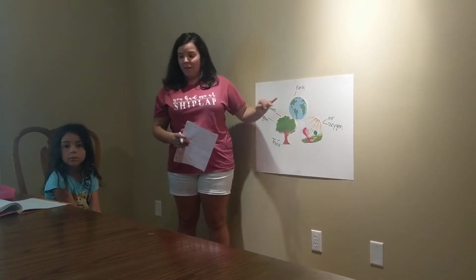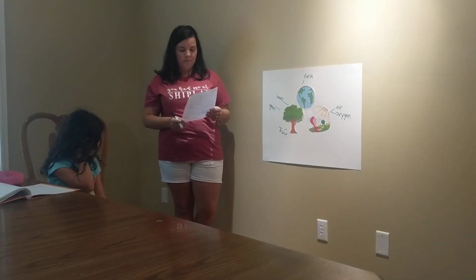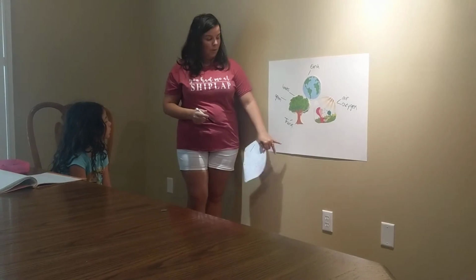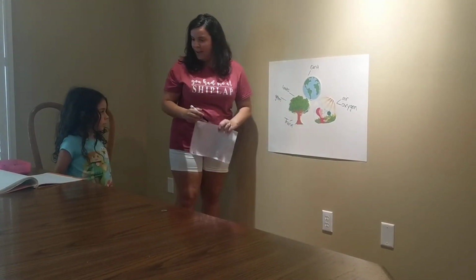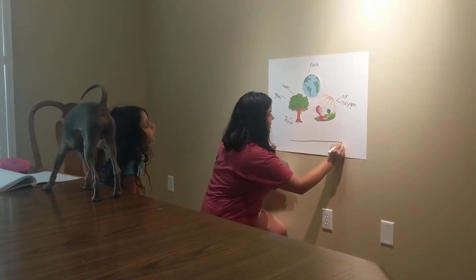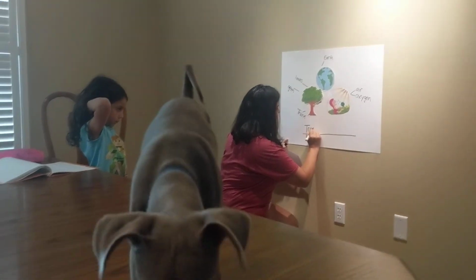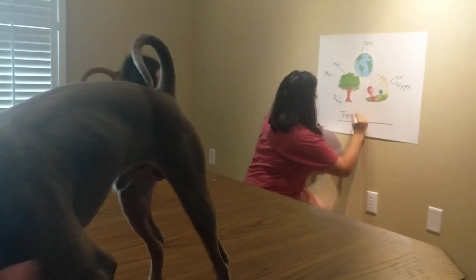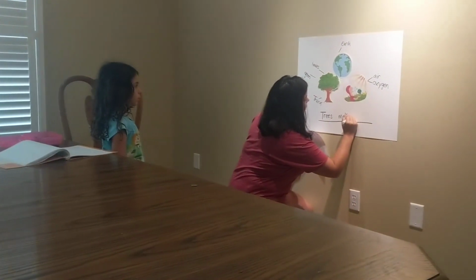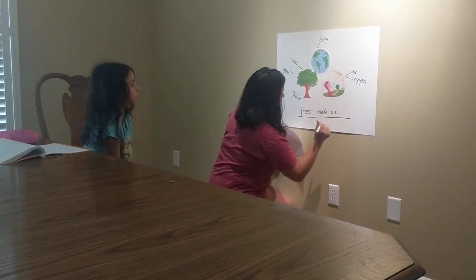And you can draw one of these things in her reading notebook. All right? So I'm going to give you a sentence for kindergarten. I'm going to write it up here so that you can write it, okay? Here's my sentence: trees make, because that's a sight word, air, period.